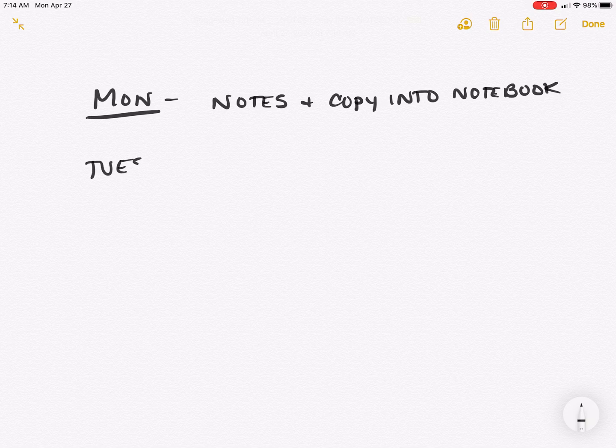Now, Tuesday, I kind of said this on the syllabus. If you want to get ahead, you are going to work on levels 1 through 5. I think it's page 14. I'm kind of doing this off the top of my head, so if I'm wrong, I'm sorry about that, but I'm pretty sure it's page 14. So it's completely up to you. If you want to get a head start, you can work on levels 1 through 5.